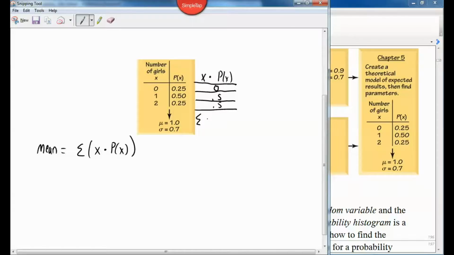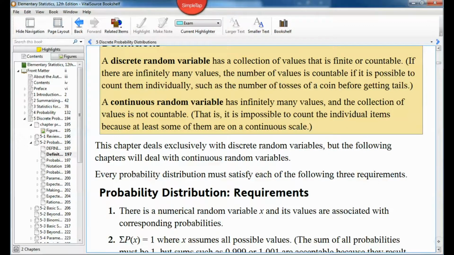The sum is going to equal 1.0. Well, look right here. I mean, it told you in the table. I just wanted to show you how. So the mean is 1.0. That is the sum of x times p of x. Okay, we'll come back to that in just a second.